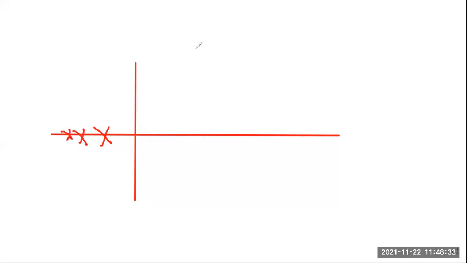So angle is always calculated like this. Theta is basically this one. Roots are lying here, so this is your theta. What is the value of theta then? Theta is 180 degree, correct.